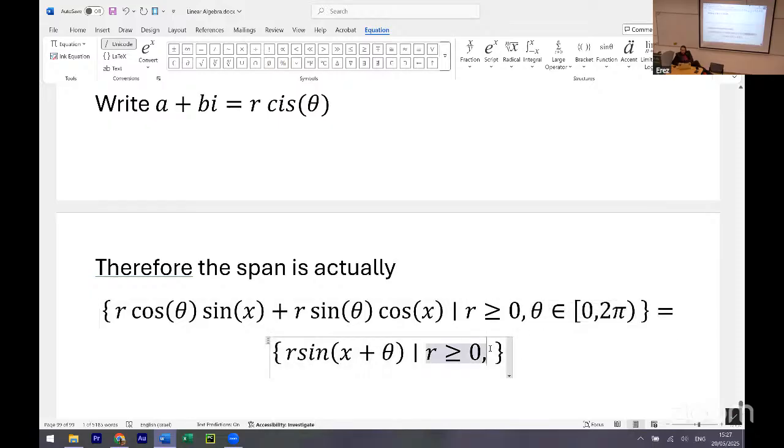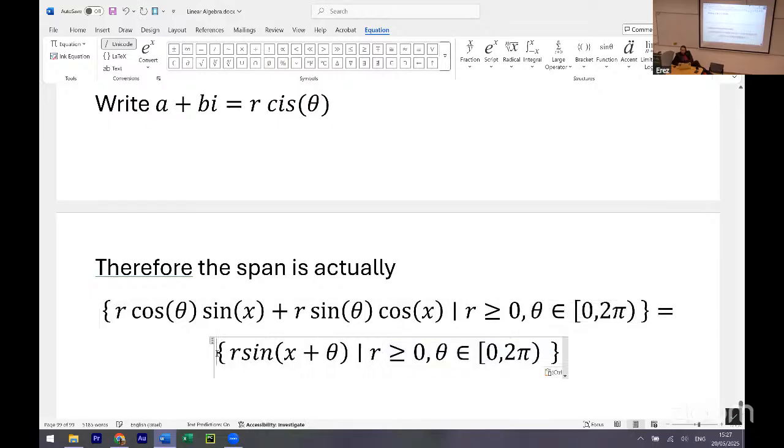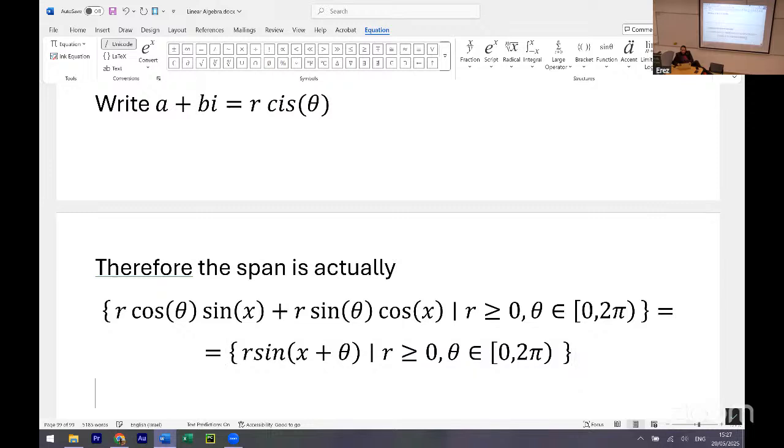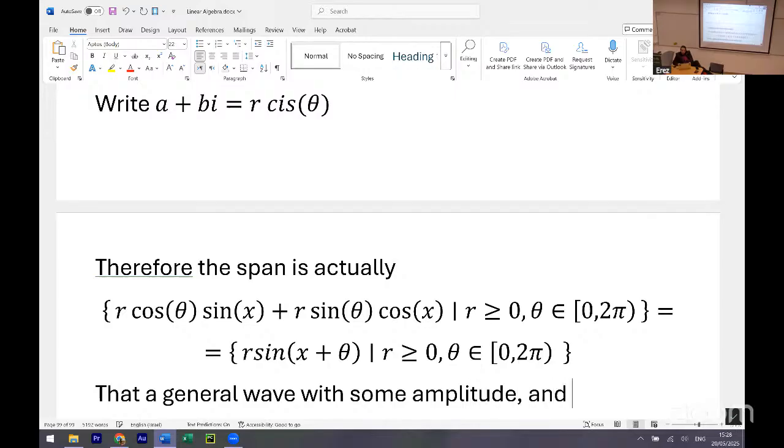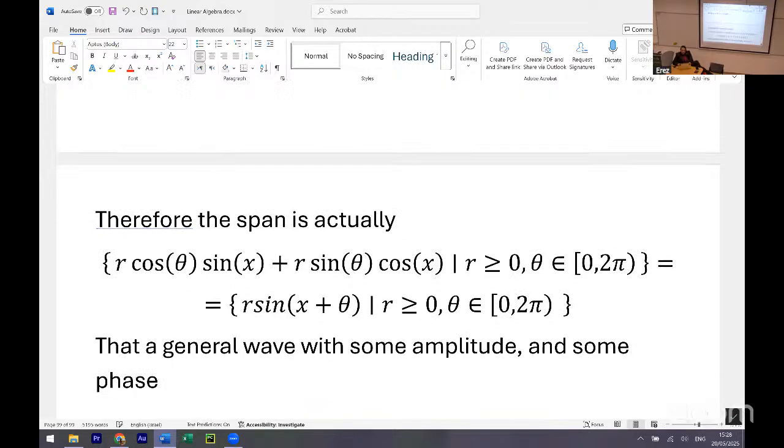And what's interesting about it, that's a general wave. That's a general wave with some amplitude and some phase. Phase is where the wave is located.